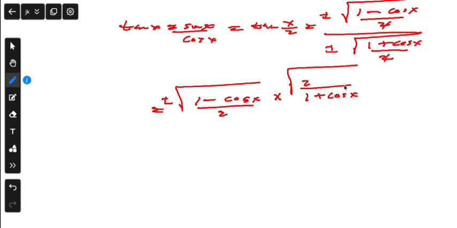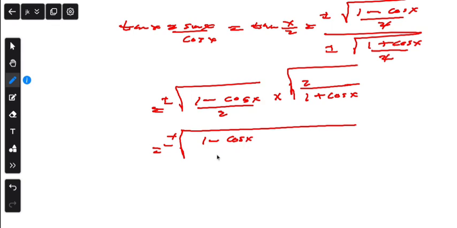You know where this one is coming from. They are undergoing reciprocation. So since they are having the same squares, we can just introduce a big square root and say plus or minus 1 minus cos x divided by 2, then multiply by 2 divided by 1 plus cos x.